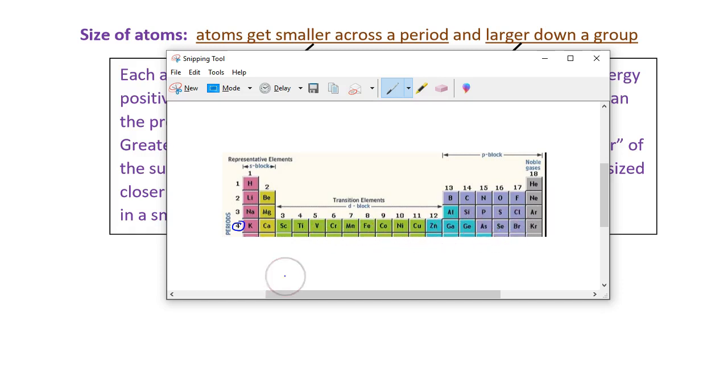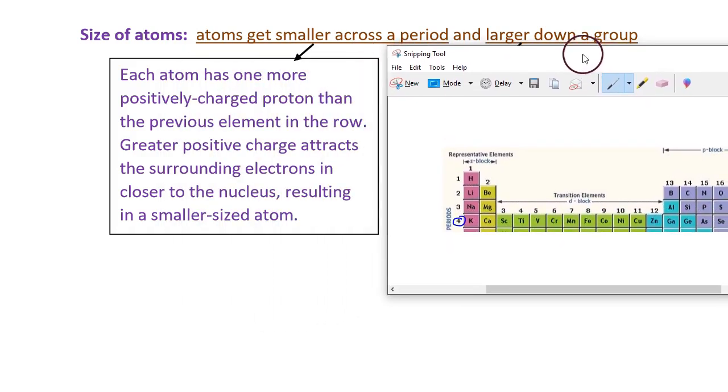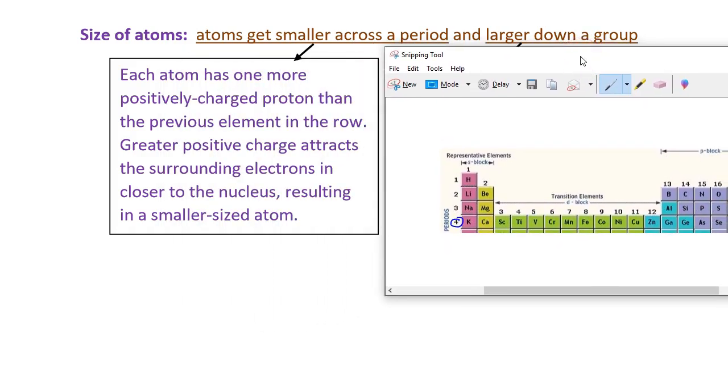What is the reason that atoms get smaller as you move to the right across the period? That reasoning is provided in this box. Each atom has one more positively charged proton than the previous element in the row. Greater positive charge attracts the surrounding electrons in closer to the nucleus, resulting in a smaller sized atom.